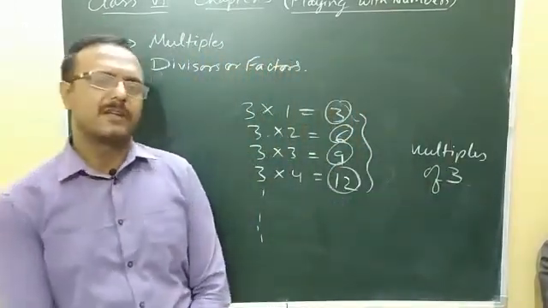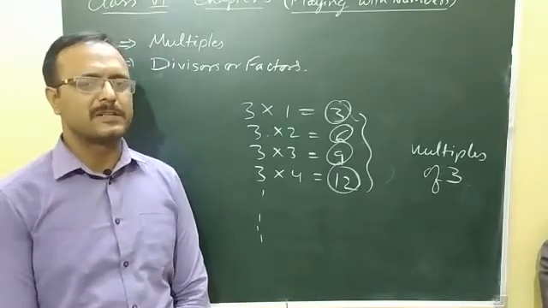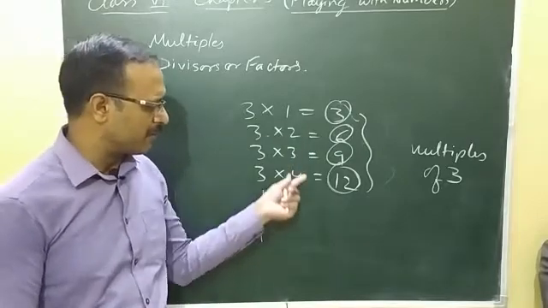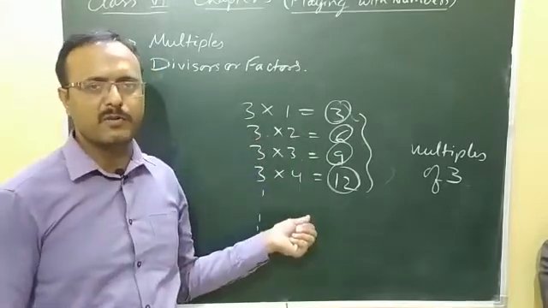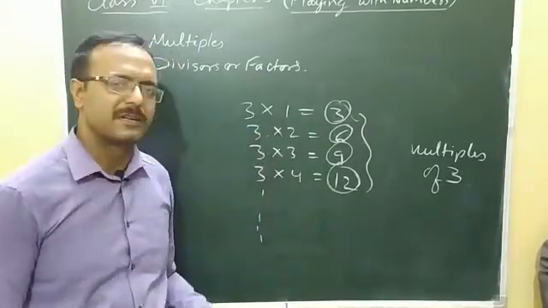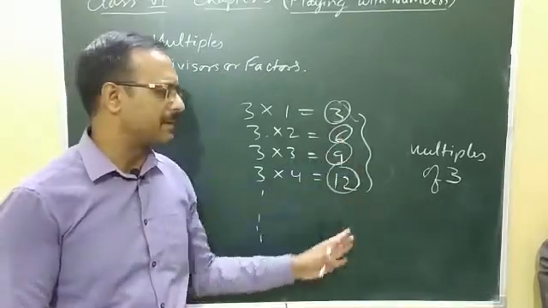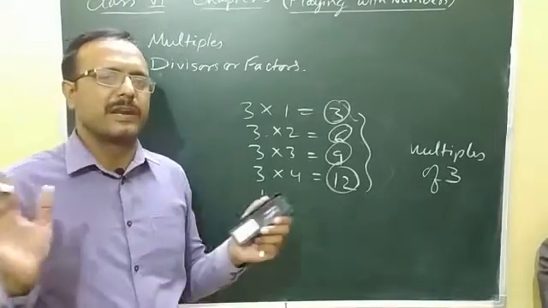Can you tell me how many numbers there are which are multiples of 3? As you see, there are a lot of numbers which you can multiply by 3. This list will go up to infinity. There is no limit to multiplying the numbers. If you multiply by different numbers, you will obtain different multiples of 3, and the list will be infinite, that is, there is no ending.